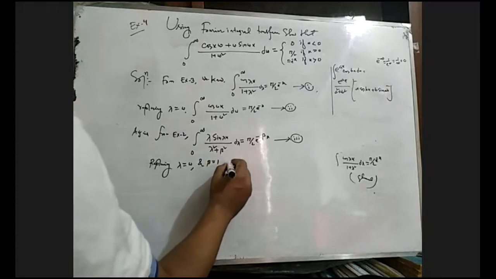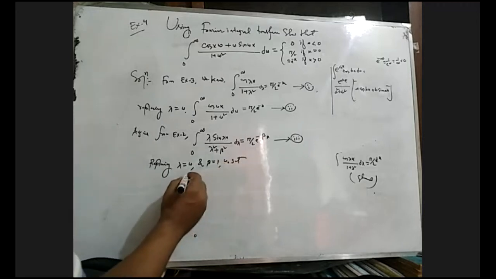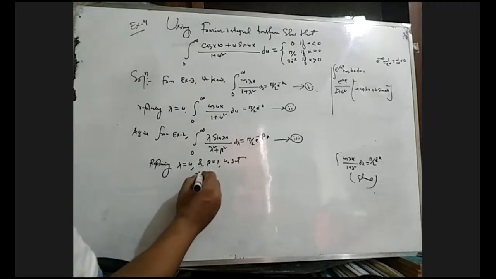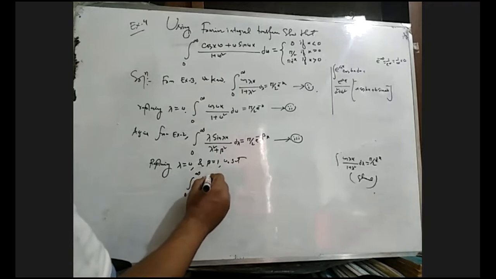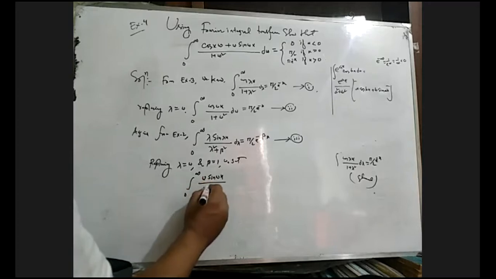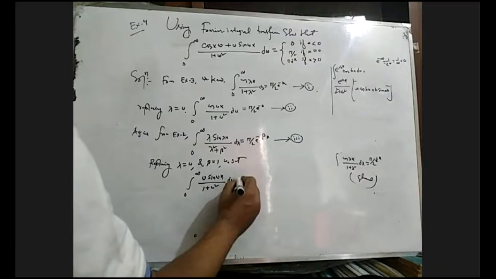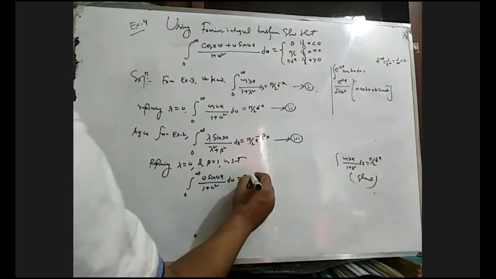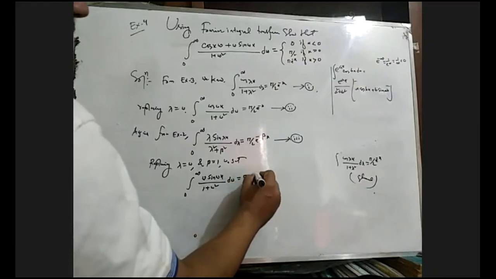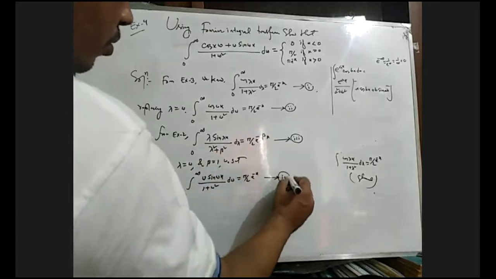We get the integral from 0 to infinity of omega sin omega x divided by 1 plus omega square d omega equals pi by 2 e to the power minus x, because beta equals 1. This is equation number 4.